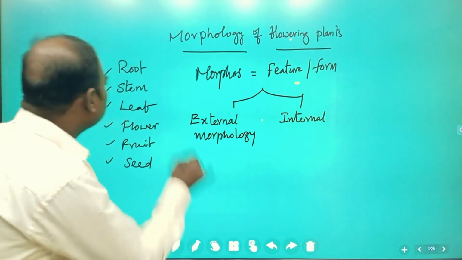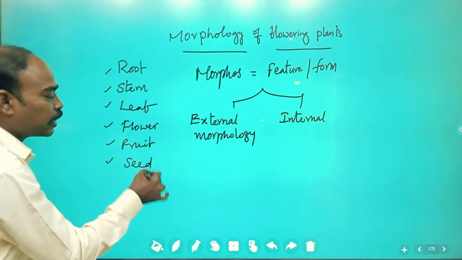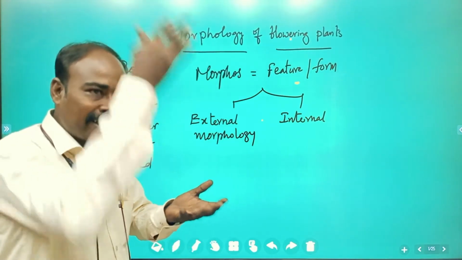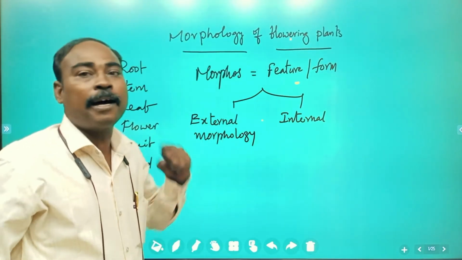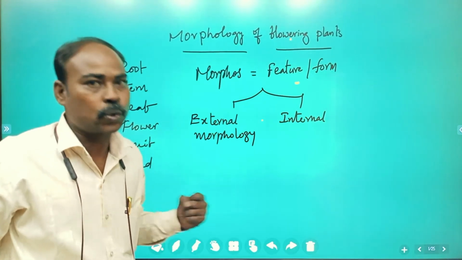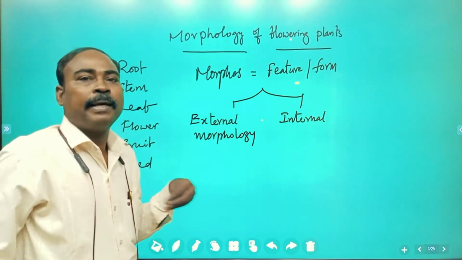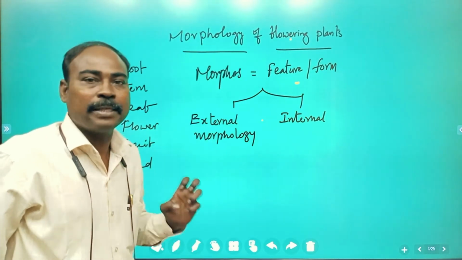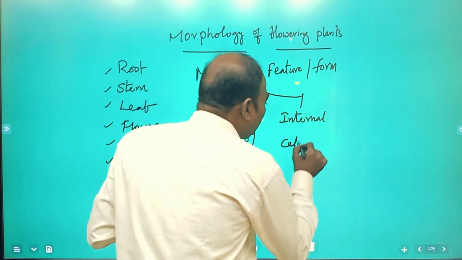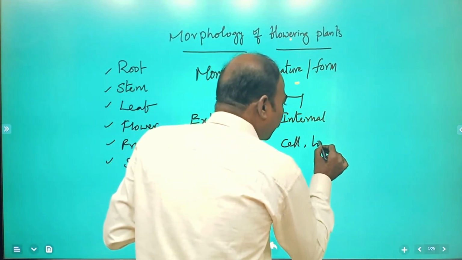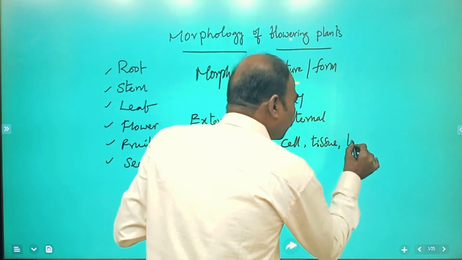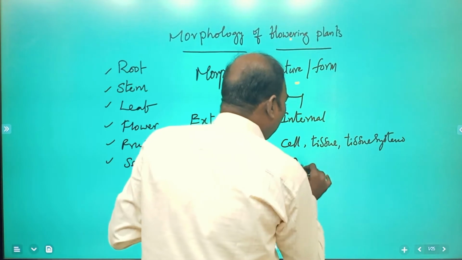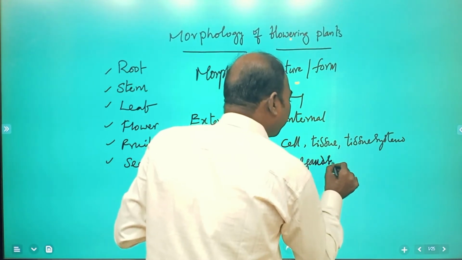The same root, stem, leaf, flower, fruit and seeds, when we take transverse sections, cutting or vertical sections and place them under a microscope, that is electron microscope, we can observe the internal organization of the plant parts, that is the cellular level and tissue level, tissue systems organization.